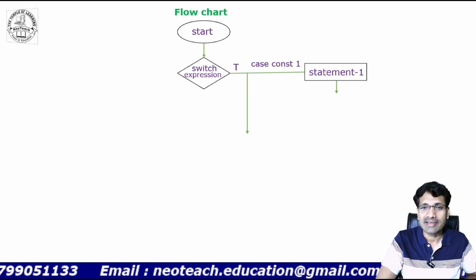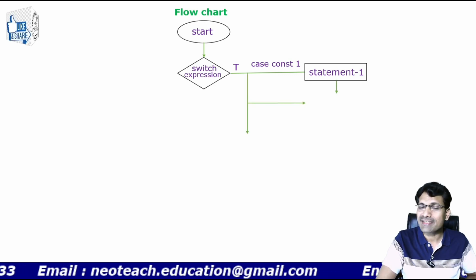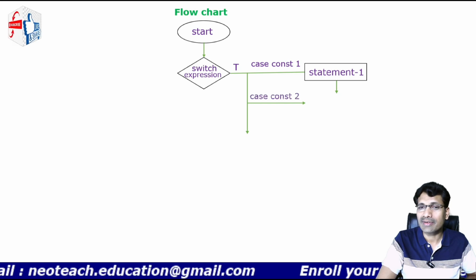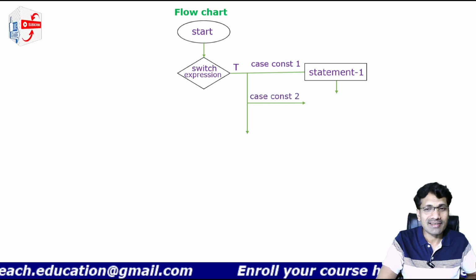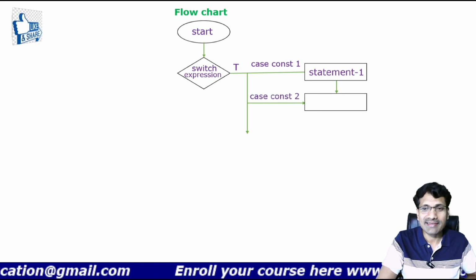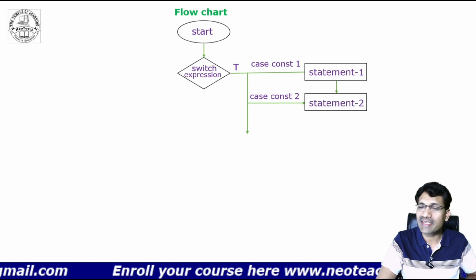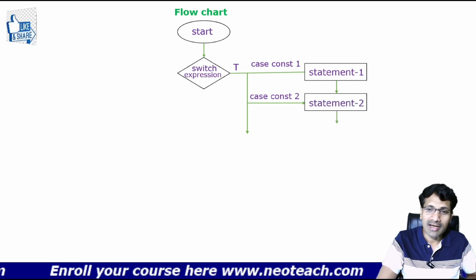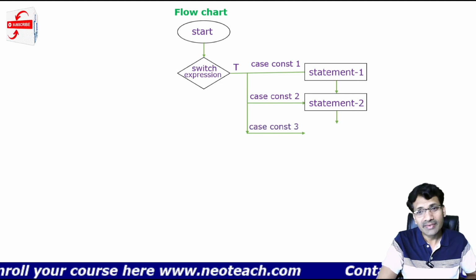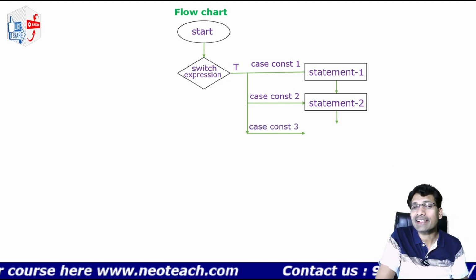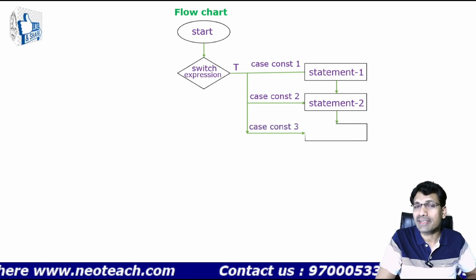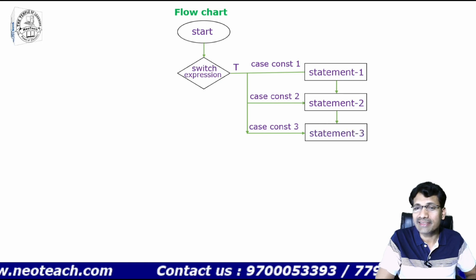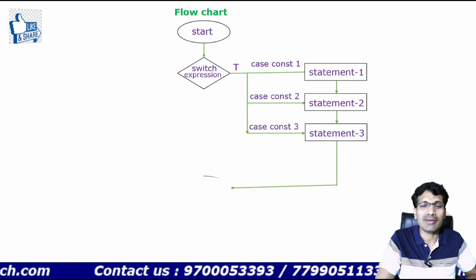If constant 1 does not match, then it goes to the next case and checks with constant 2. If it matches, then statement 2 executes and stops the program. If not, it goes to another case that contains constant 3. If it matches, then statement 3 executes and directly stops the program.